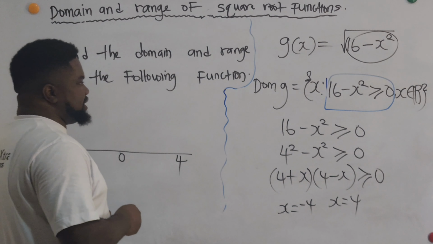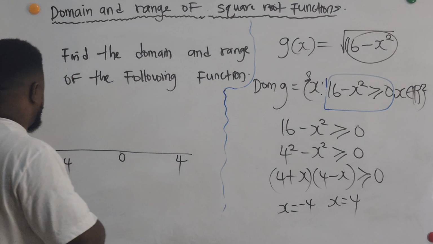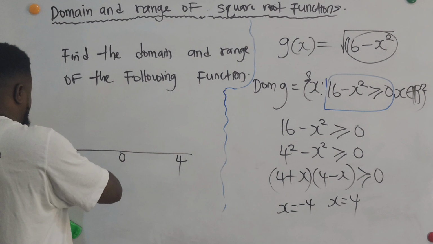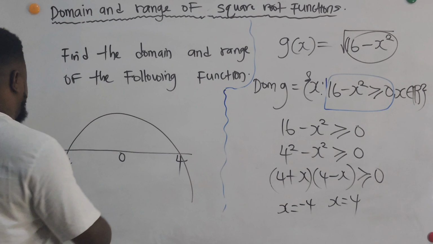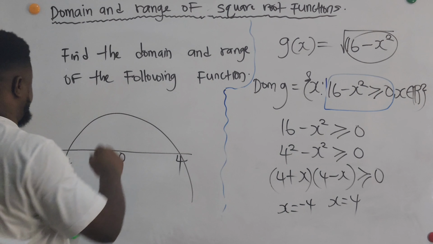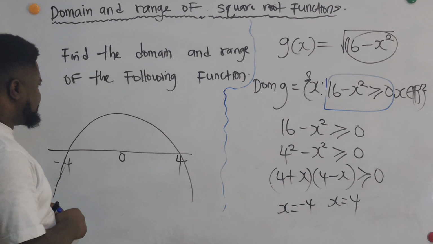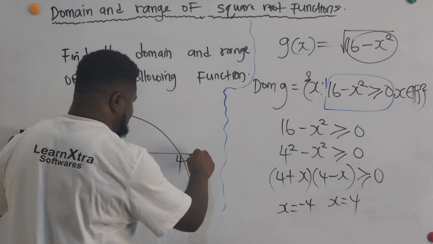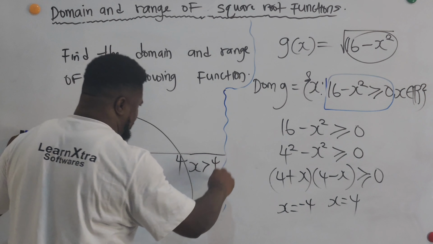So our quadratic is negative. We have an n-shaped parabola. Let's just draw it to be n-shaped. So what happens? This region is the region bigger than 4.